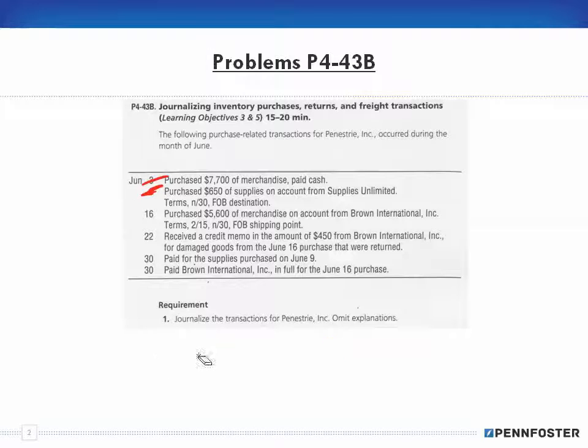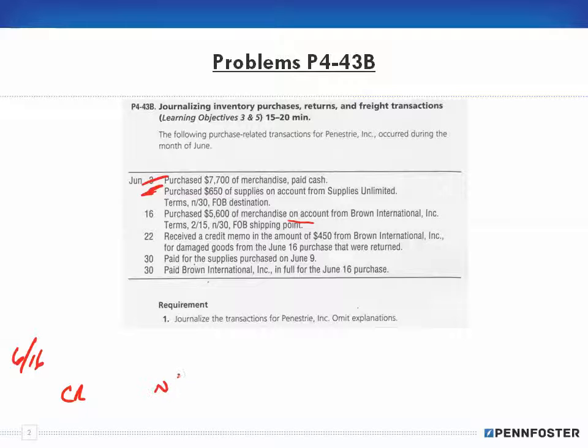Okay, 6/16. It says purchased $5,600 of merchandise on account. Okay, and it gives us terms and FOB. So this is basically like the June 3rd entry. The only difference is that it's on account, which is just like the June 9th entry.